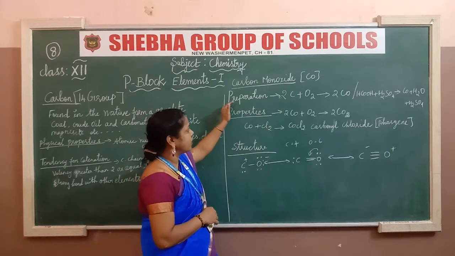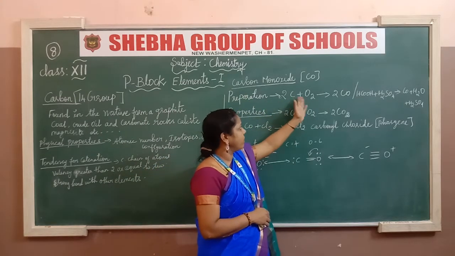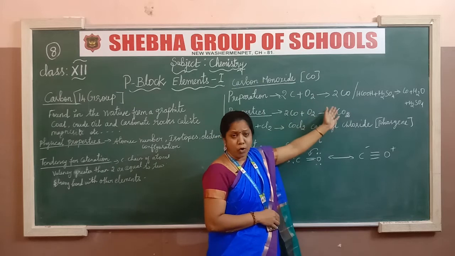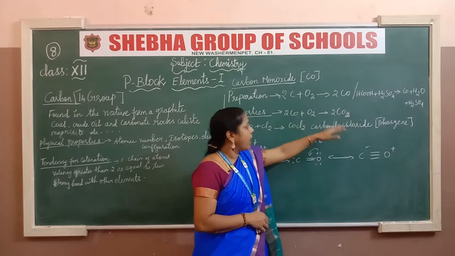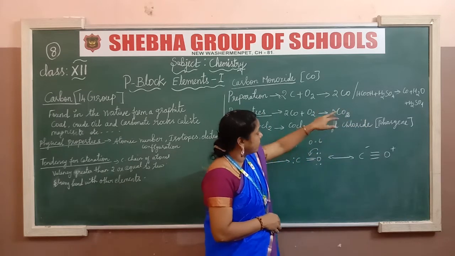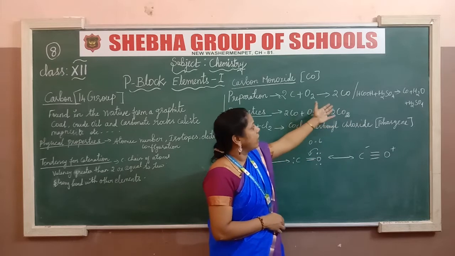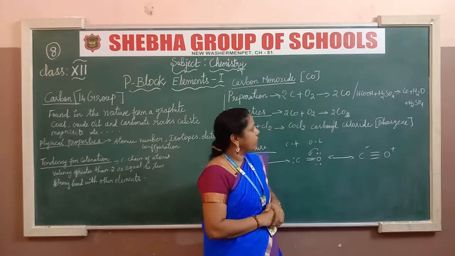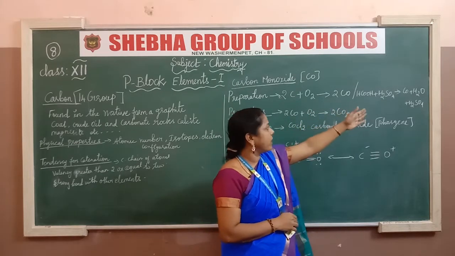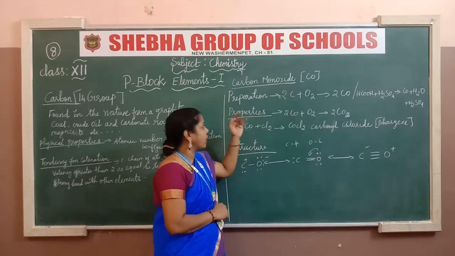In the simple preparation, carbon reacts with oxygen to give 2 molecules of carbon monoxide. Another preparation: HCOOH, formic acid, reacts with sulfuric acid to give carbon monoxide and water along with sulfuric acid. This is the preparation of carbon monoxide.